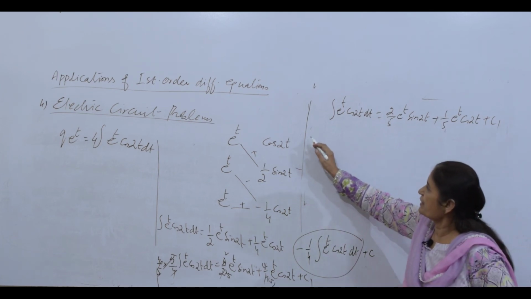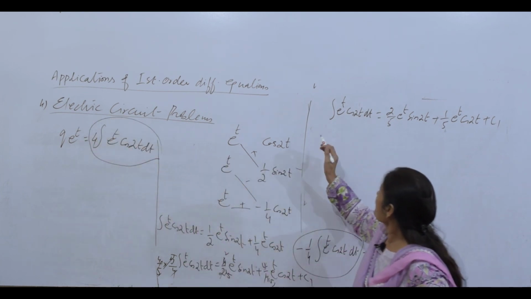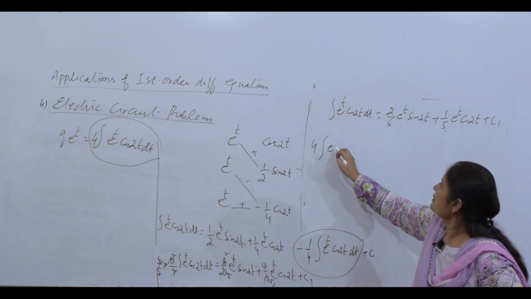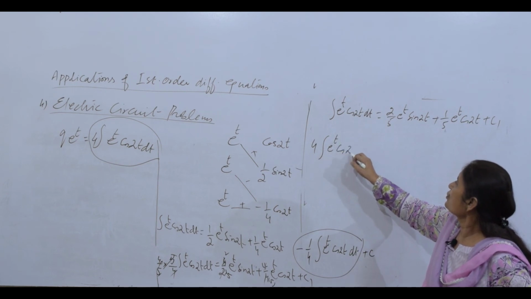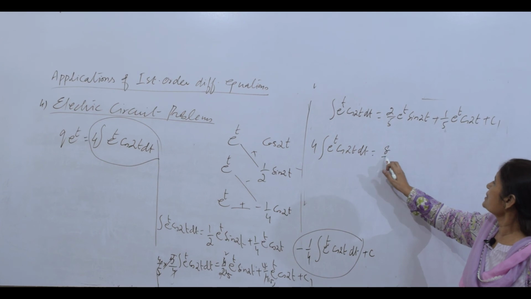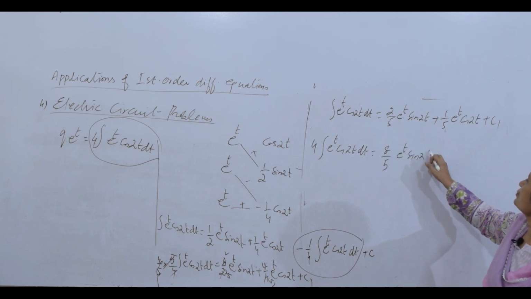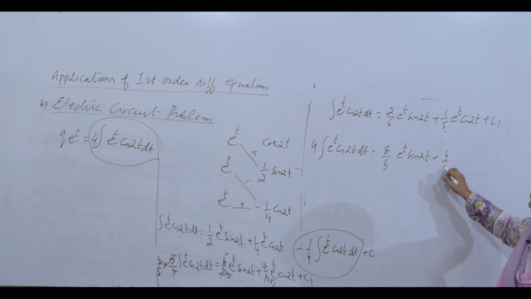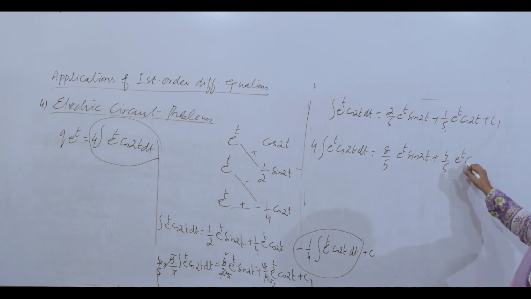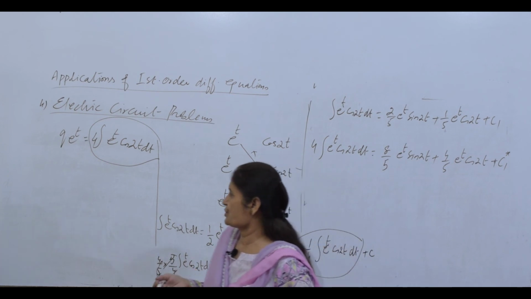Let me multiply again by 4 because I am looking for 4 times the integral of e^t cos 2t dt. I multiply the whole equation by 4. This is 8 by 5 e^t sin 2t plus 4 by 5 e^t cos 2t plus c1 star. Because I multiplied c1 by 4, let you have another constant.